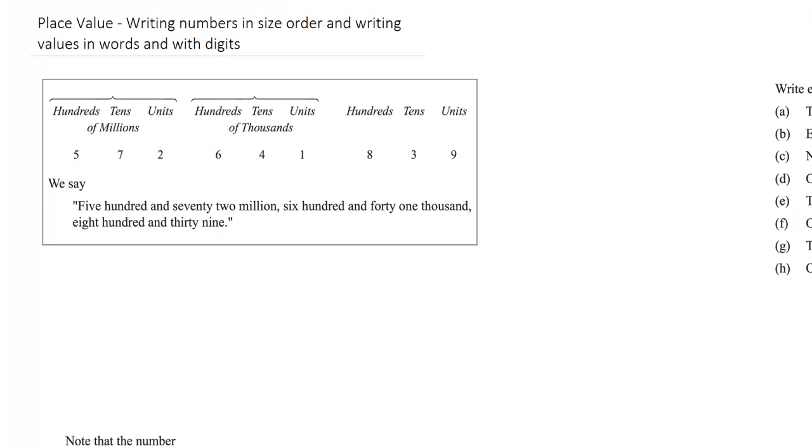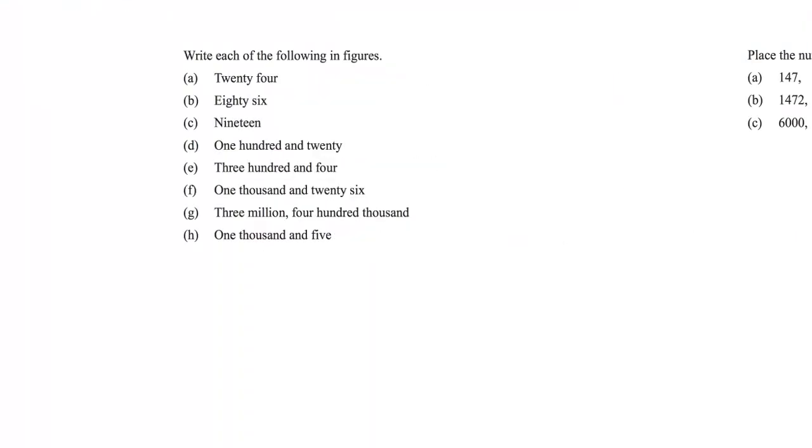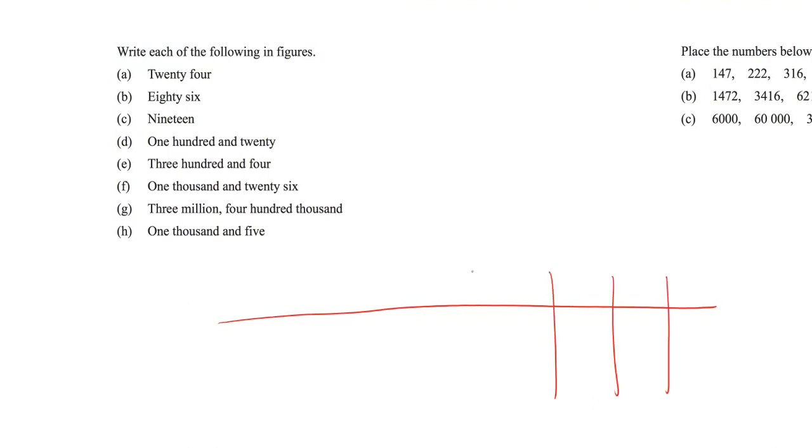So at this point, it's probably appropriate to really consider place value and think about this scale and think about each of these columns. If we start by thinking about our units column, these are just ones. If we think about our tens column, of course, there will be 10 ones.